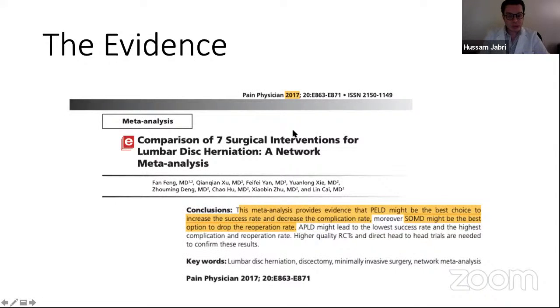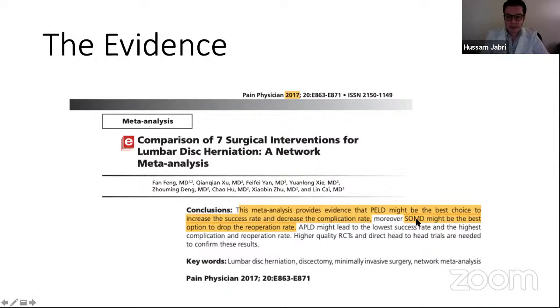Another article published in 2017 is a comparison of 7 surgical interventions for lumbar disc herniation, a network meta-analysis published by a group from China. This meta-analysis provides evidence that PELD might be the best choice to increase success rate and decrease complication rate.